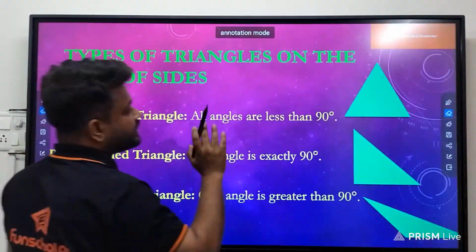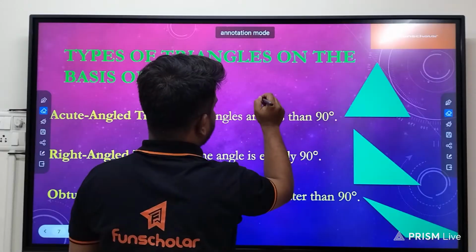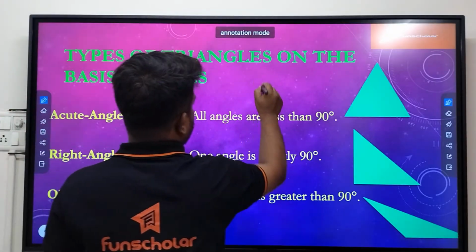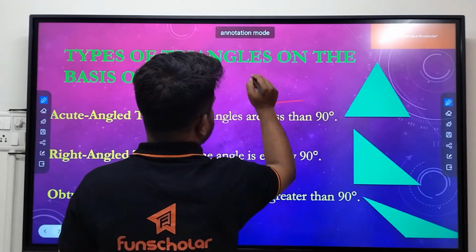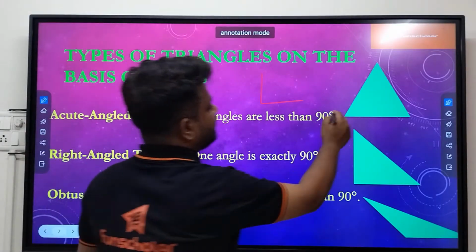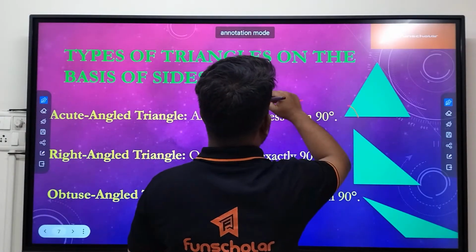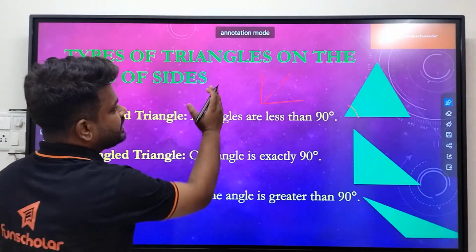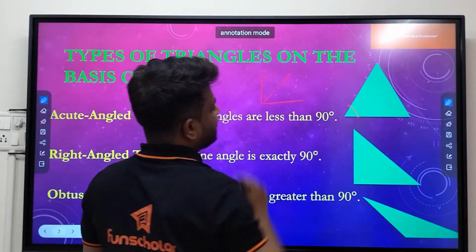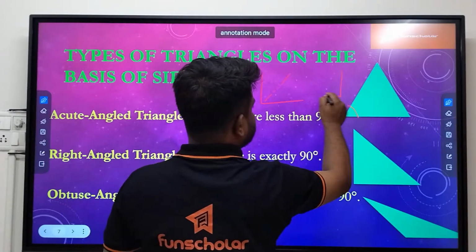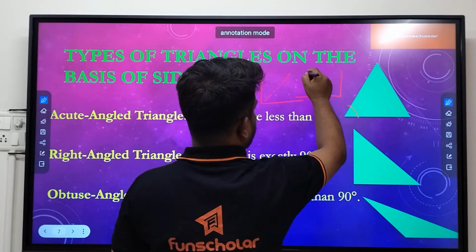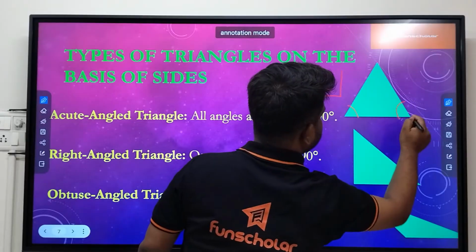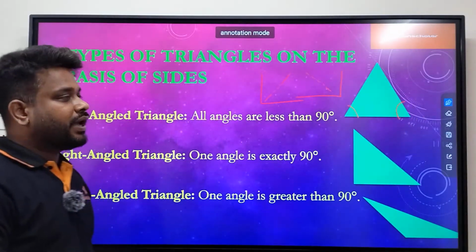You can just say by looking at the image that if this one is 90 degrees, then these two angles are making less than 90 degrees. From this side, this angle will be less than 90 degrees, and from this side, this angle will also be measured as less than 90 degrees.